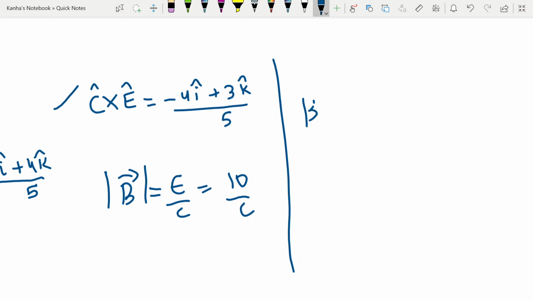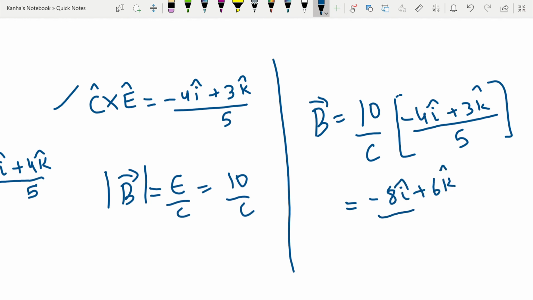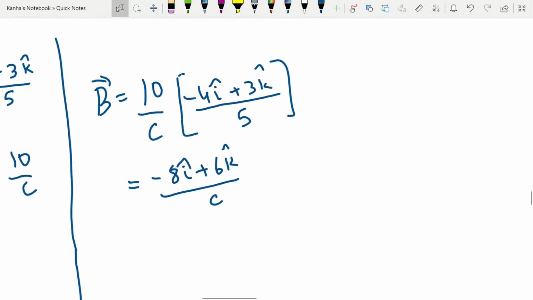my magnetic field B is equal to its magnitude 10 by C into the direction. So what is the direction? (Minus 4i cap plus 3k cap) by 5, which is nothing but (minus 8i cap plus 6k cap) divided by C. If I write this in terms of xyz, my final answer will be how much?